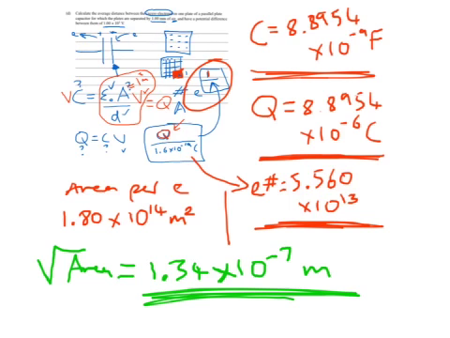It's pretty incredible. So this is per metre, so it doesn't matter what your actual area of the capacitor plates is.